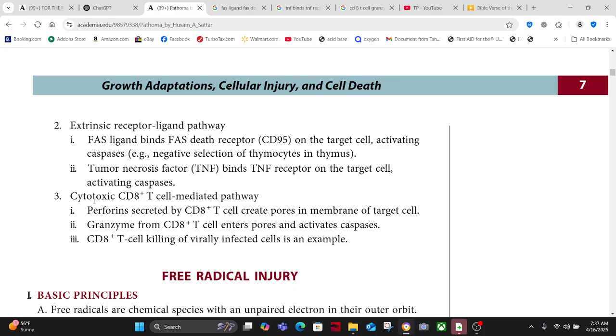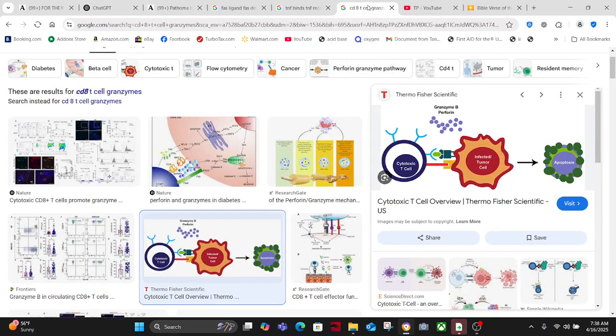So what they're saying is the CD8 positive T cell secretes perforins. This is an example picture right here. This is the CD8 positive T cell. It secretes perforins, and these perforins go to the target cell and poke holes in it, killing the target cell.